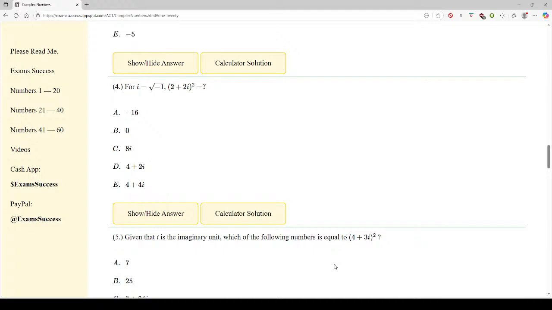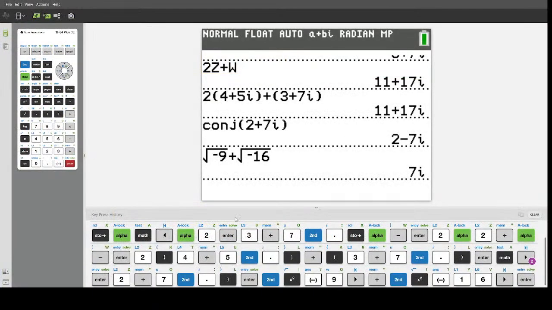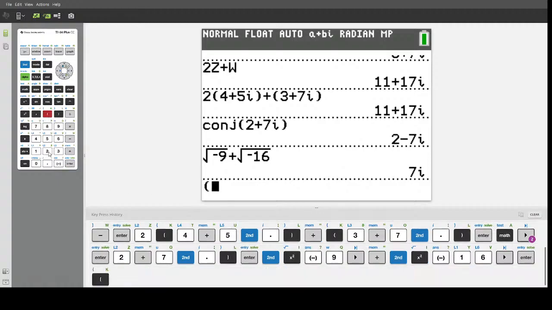If I do this one, 2 plus 2i all squared, I get my calculator. I just do parentheses 2 plus 2i, second function i, all squared.